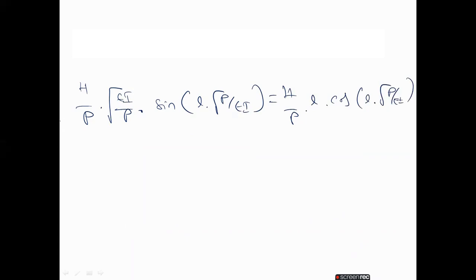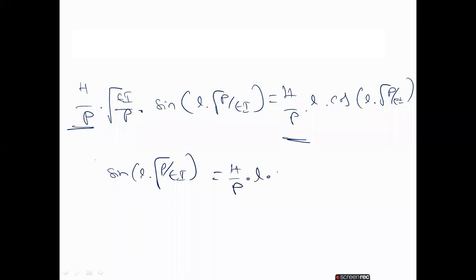So now what happens? The h by p value will get cancelled here, this one and this one. And the remaining part, if you observe here, sin L into square root of p by ei equal to L into cos L into square root of p by ei.